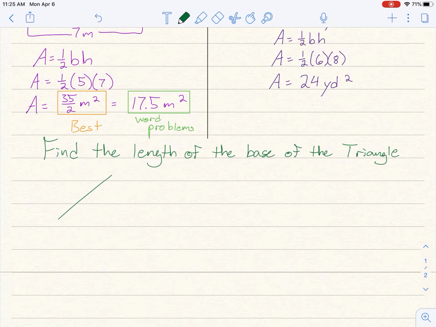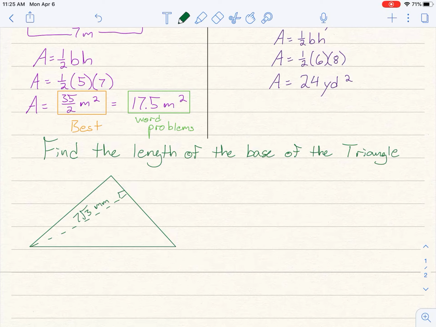So I'm going to draw this triangle here. And then my altitude, I know it doesn't look perfect, but that's okay. Let's just imagine that that's right. So here's my altitude.